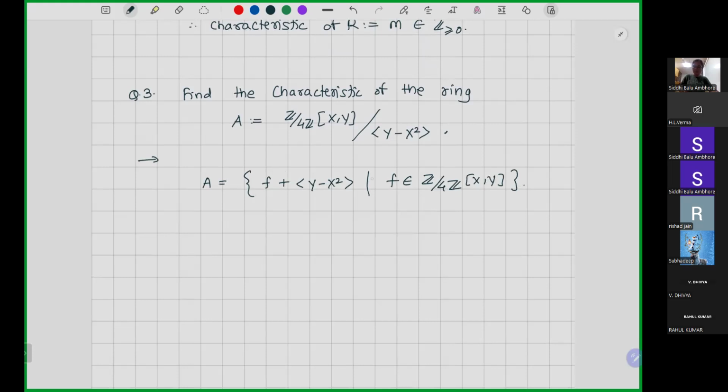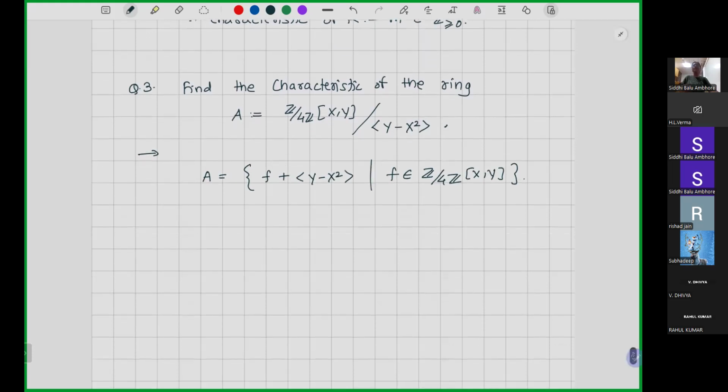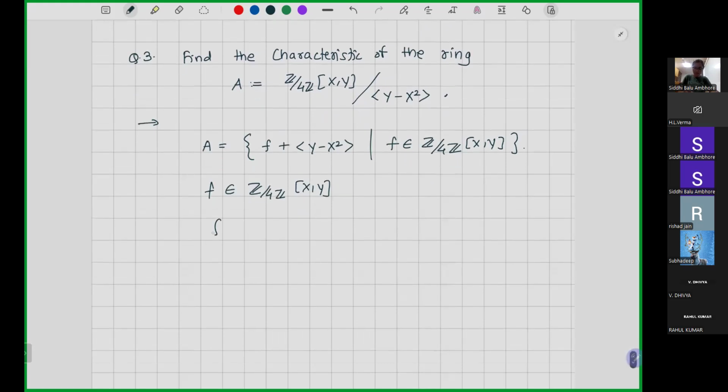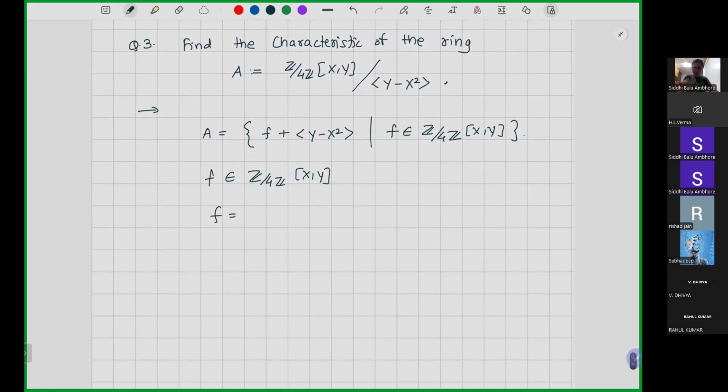This f is again an element in Z mod 4Z x y, so it is some polynomial.